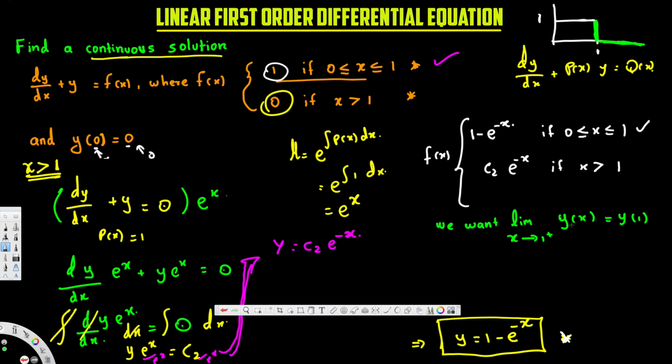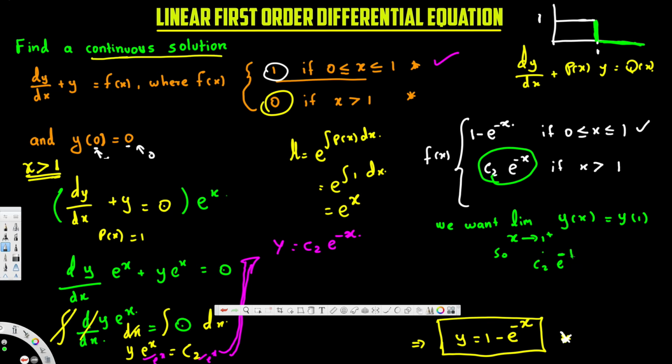Now here we know that y of x on the right hand side is this. So instead of this one, we can replace that with c2 e^-1, because instead of x I put 1.